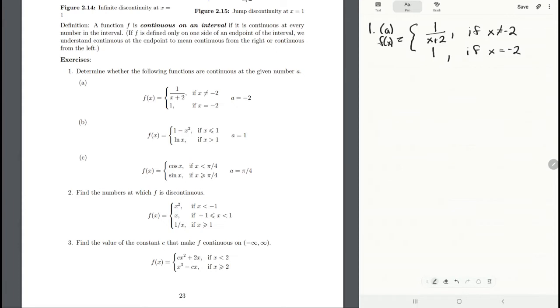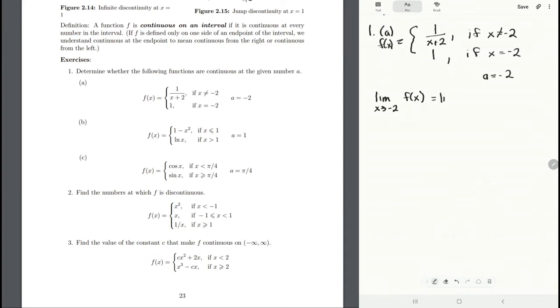We want to know if the function is continuous at the number negative 2. One of the conditions for continuity was that the two-sided limit as x approaches a, in this case negative 2, must exist. So we'll first check whether or not this limit exists.